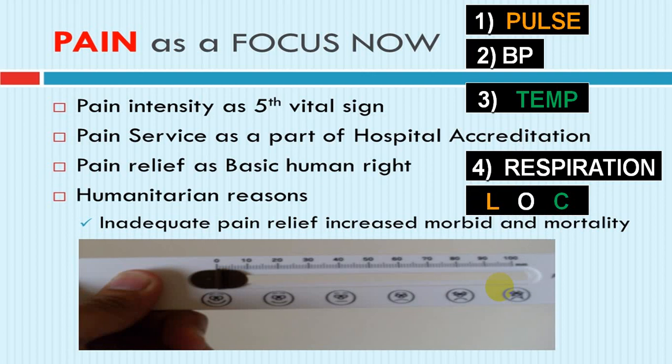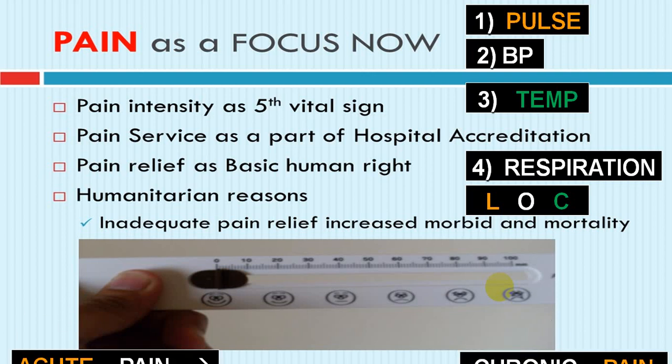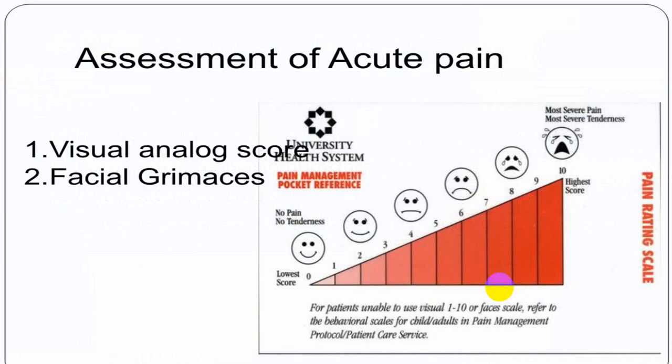They are also included. So pain service is a part of hospital management, and pain relief is a basic human right. On humanitarian grounds, inadequate pain relief increases the morbidity and mortality, because acute pain will end up as what we call chronic pain, and then the person will need treatment for a very long period, and there are a lot of side effects once he goes into chronic pain.